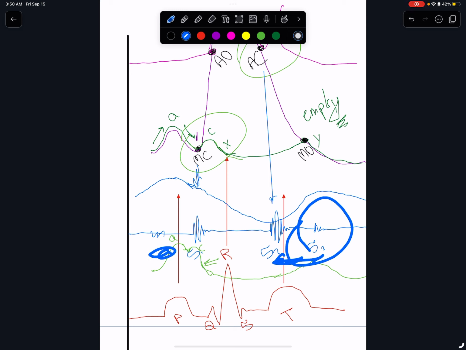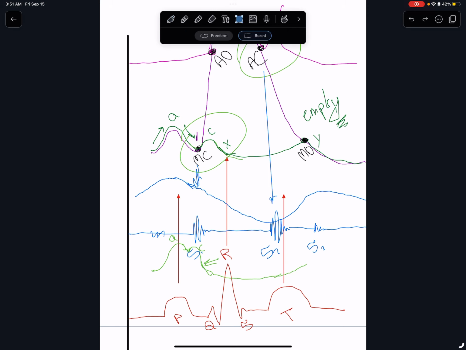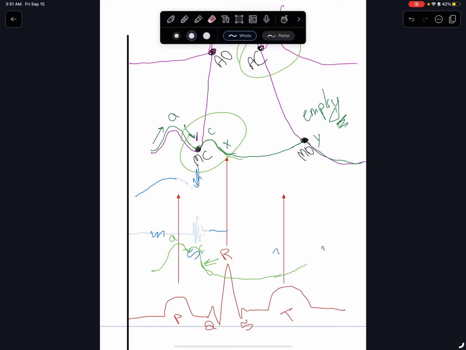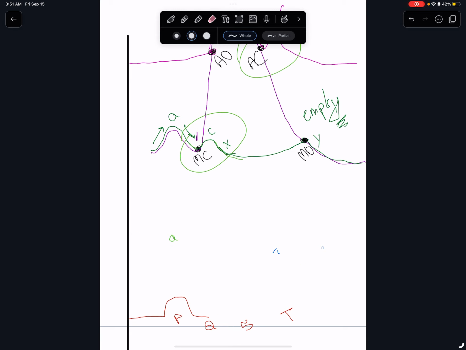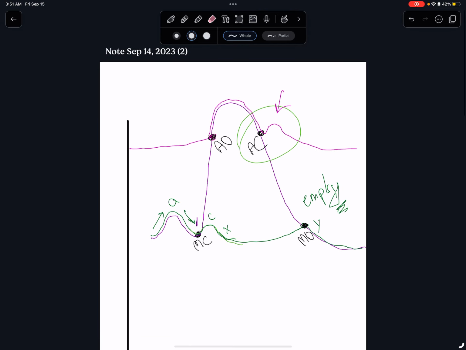Late diastolic, it will be the S4, and the case will make it clear. If there was a volume overload, then it's S3. Okay, let's see some pathologies. Okay, so that's the curve.